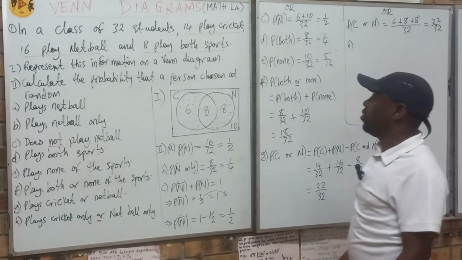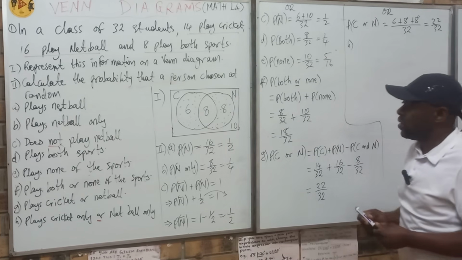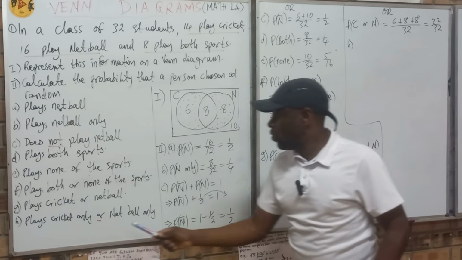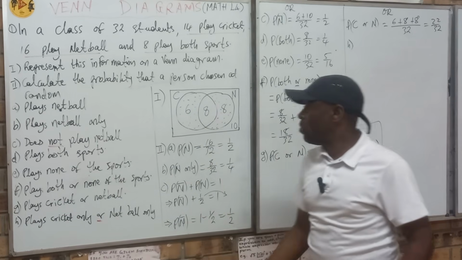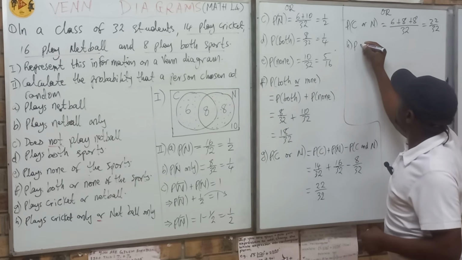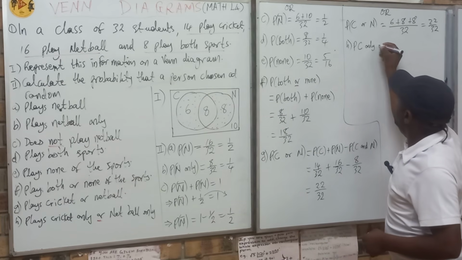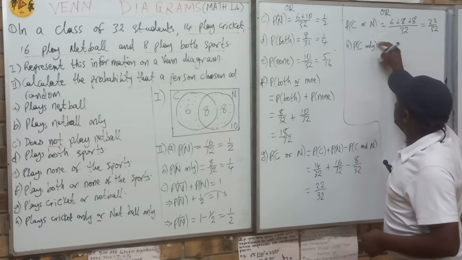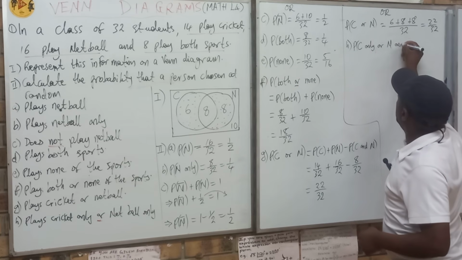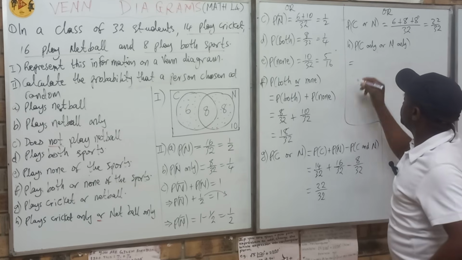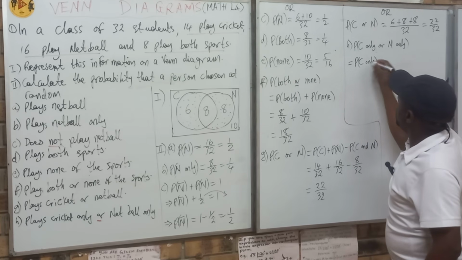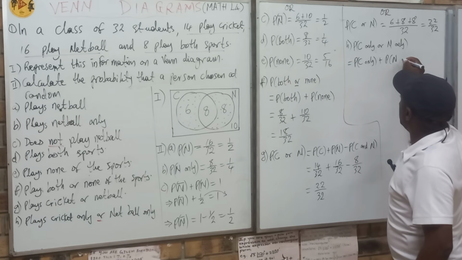If you look at those two portions, you see that they do not overlap. Because the word "or" steps in, it means they are mutually exclusive. So the probability of C only, or N only. Since they are exclusive, this will be the probability of C only plus the probability of N only.